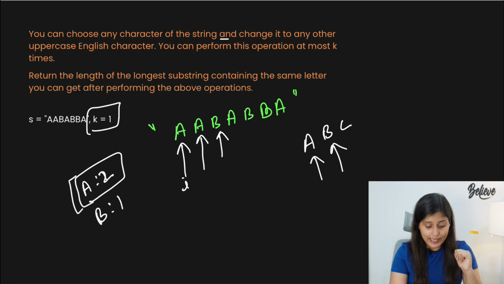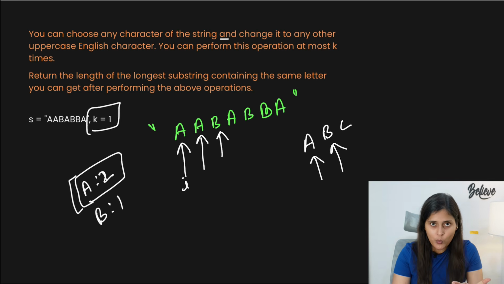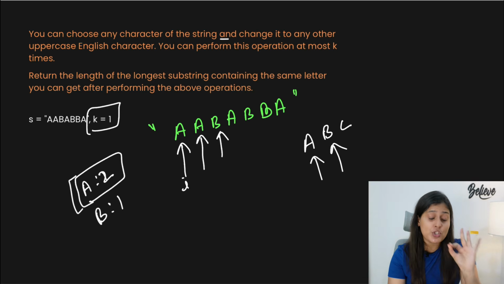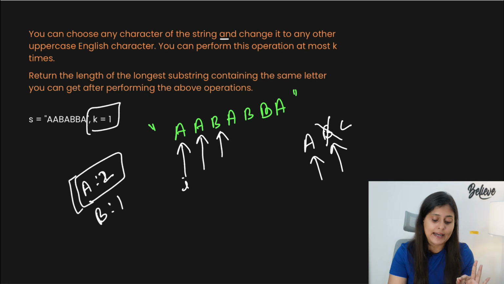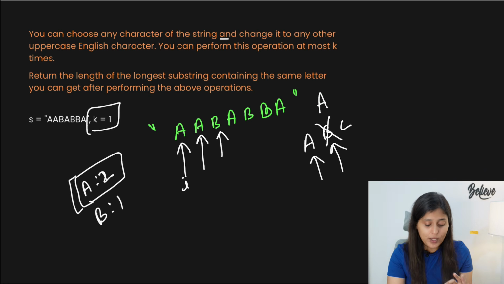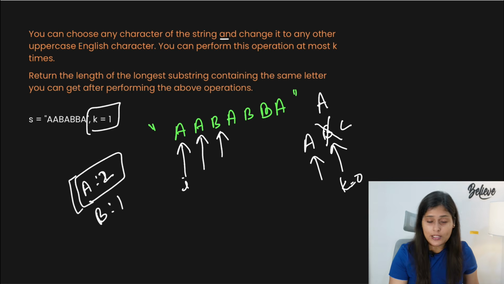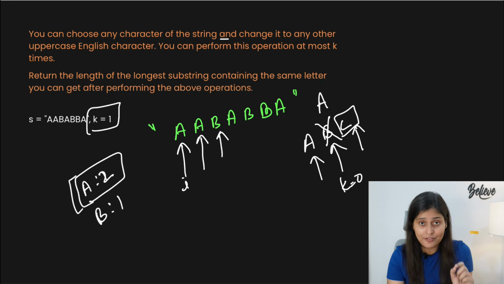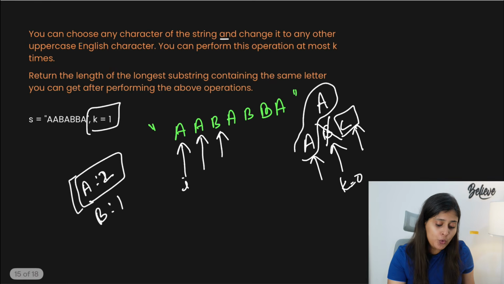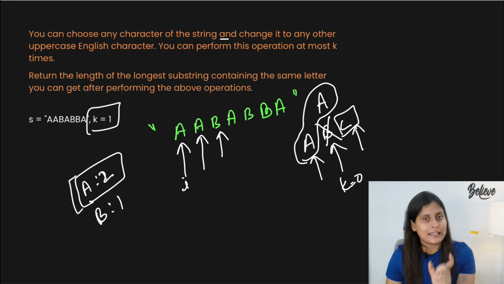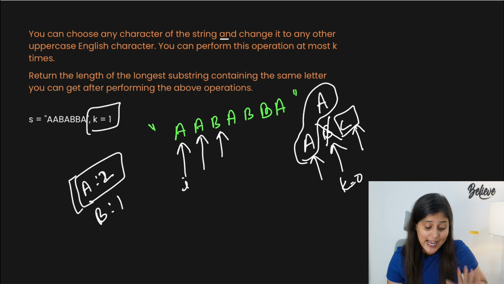Now we came to B and we check we have K is equal to 1, means we have authority to change or replace this B character to whatever I want. So I would like to convert it to A. Now our K is equal to 0 after this. Now when I go to C, I can say yes, it is different, but I have no more operations left, so I can't replace it. So as of now we have only 2 elements, so we can say that the maximum length is 2. This is what the question is expecting.